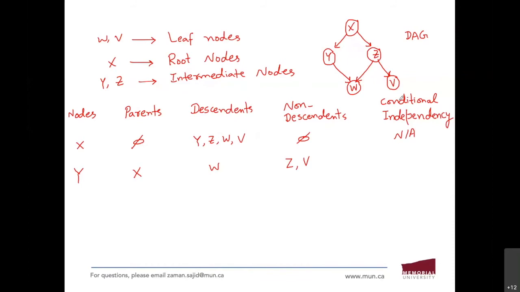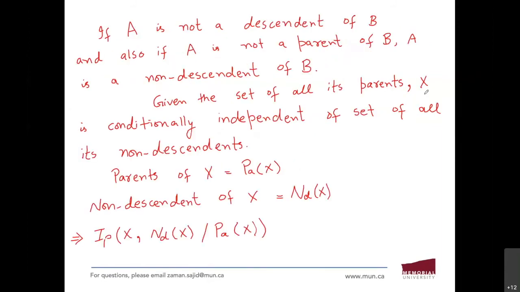Now I want to write down the conditional independence. If you allow me, I will take you to the previous slide and then I will come back here. This is what we are defining here. I have my variable, then I should have the non-descendants of the variable, given the parents of that variable.